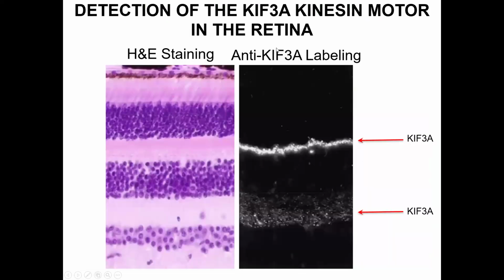This is another image that you will certainly use at the TBL1 quiz, where I used an antibody to a protein, a molecular motor, a kinesin motor, KIF3A. I knew that it is present in the retina, but I did not know where it is localized.